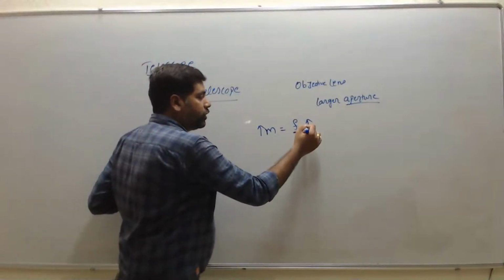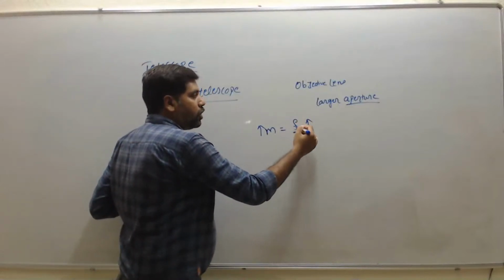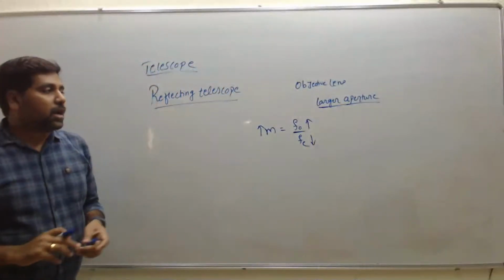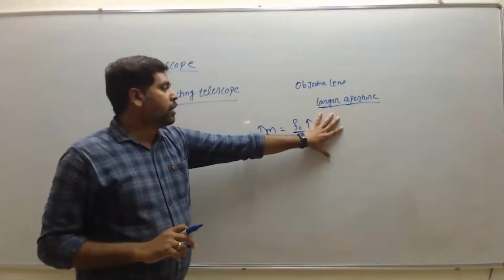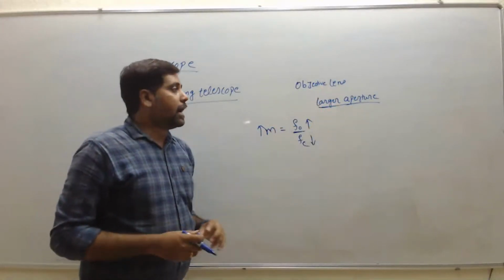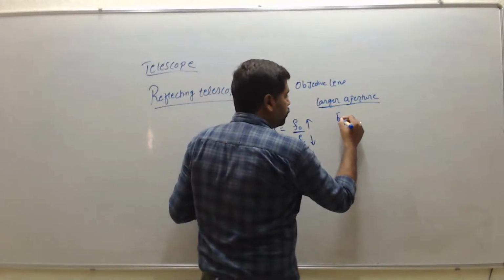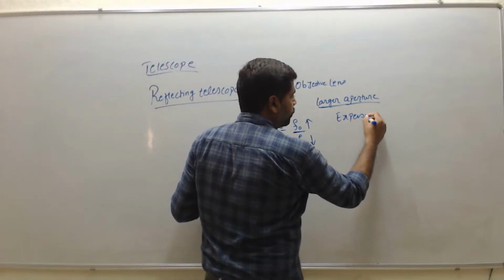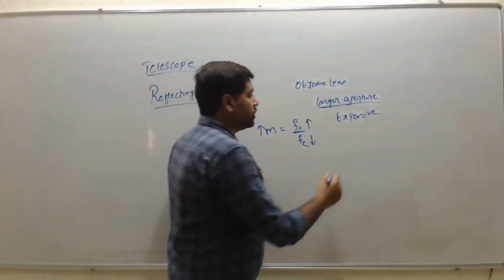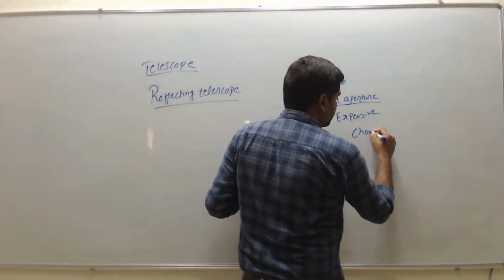Then it becomes a larger aperture, which has bigger size and more weight, and it is very expensive to construct the lens to overcome the chromatic aberration.